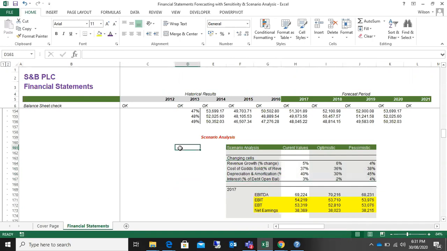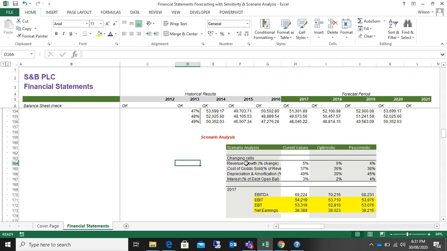EBIT is after depreciation and amortization, right? That's correct. EBT is after interest, before tax. The net earnings is the bottom line, after tax. Yeah, after tax.